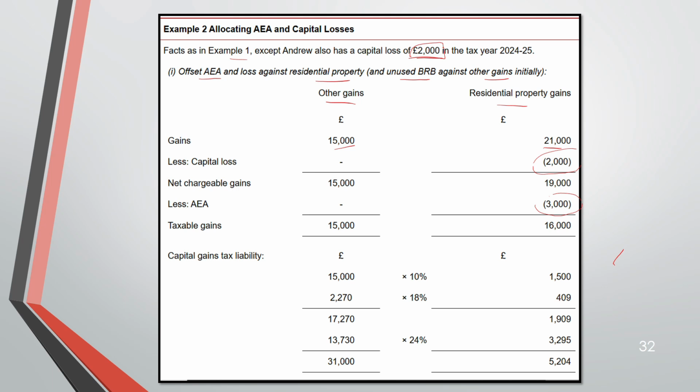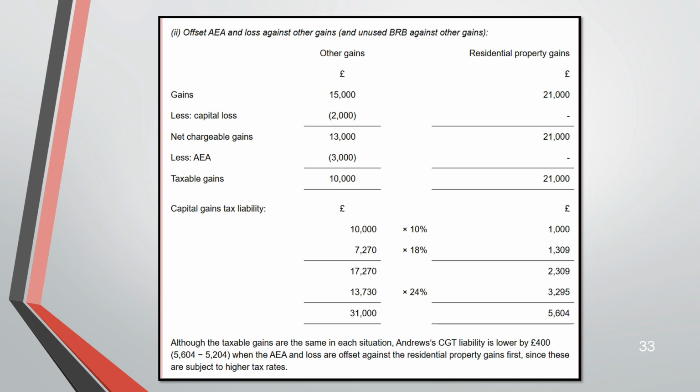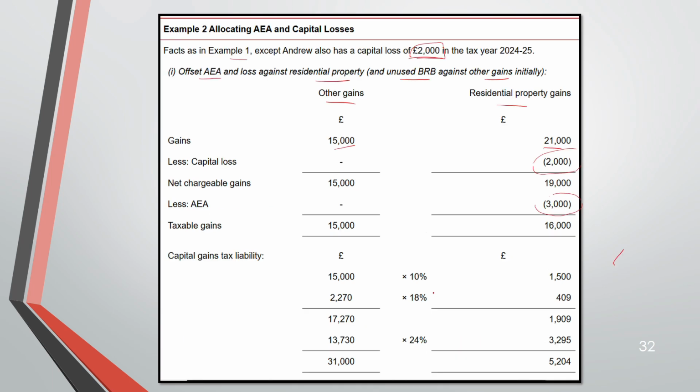Looking at the taxable income, we will be utilizing this 15,000 unused band first against other gains.